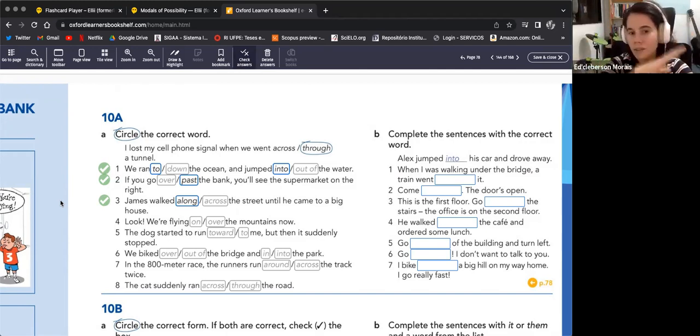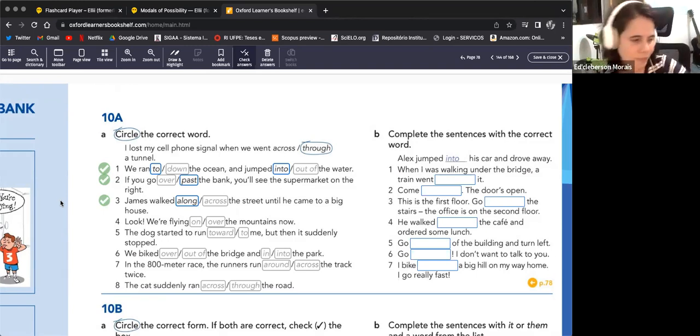But if you say along the street until he came to a big house, it is in the meaning of "andou à frente", certo? Caminhou direto, seguiu, ok? Along é a mesma coisa que seguiu. Ele seguiu a rua até que ele viu uma grande casa, ok?